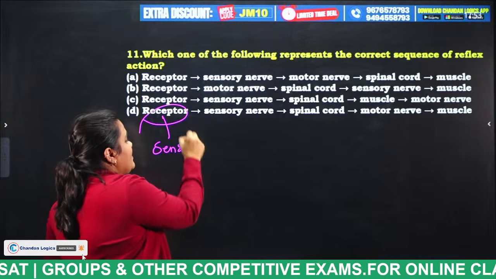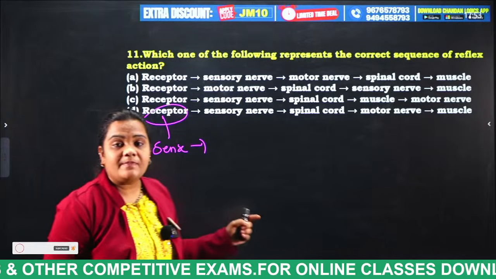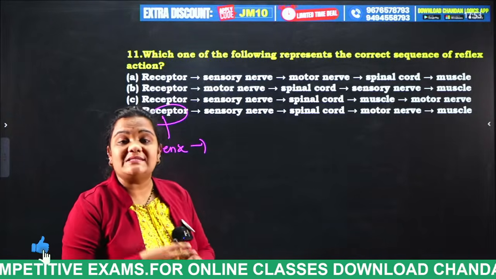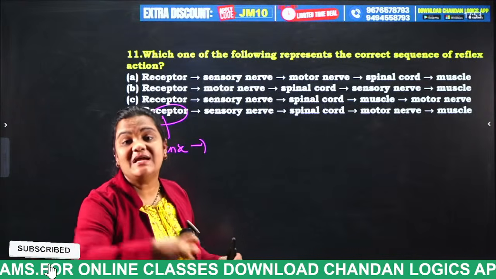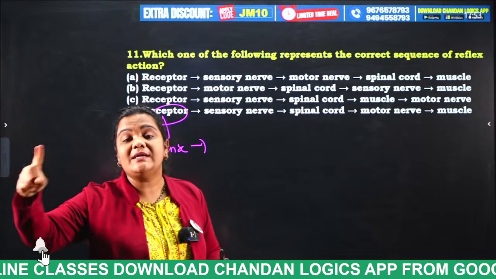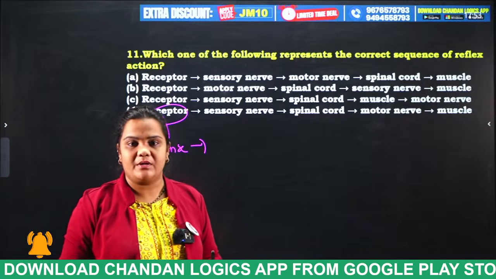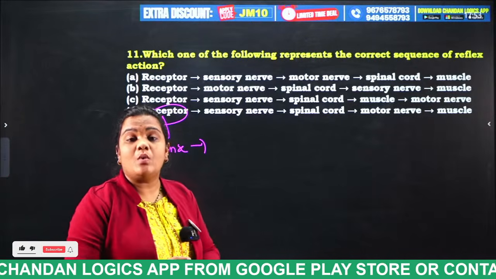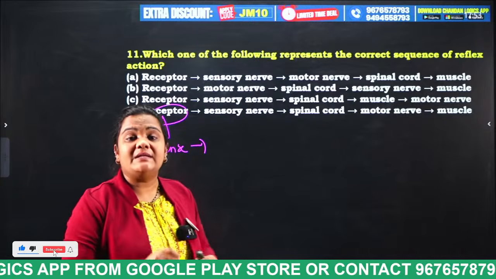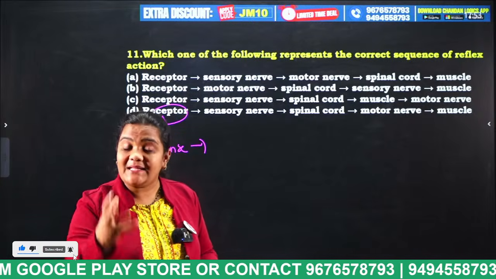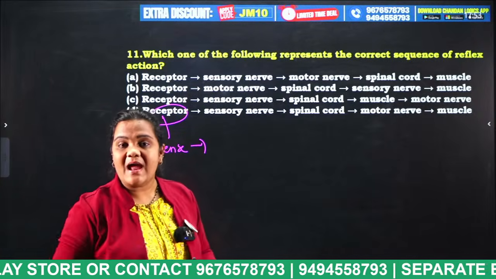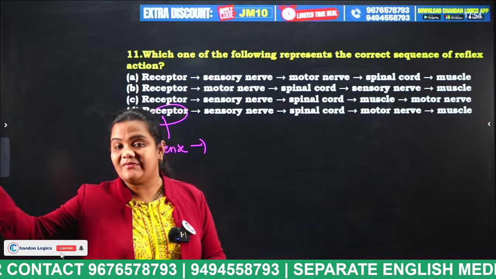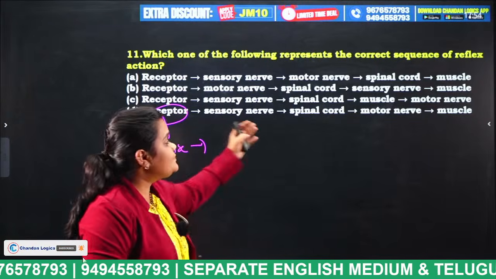The sensory nerve carries the signals from the receptor to the central nervous system. Very, very important. What is the function of this sensory nerve? It carries the signal from the receptor and sends it to the central nervous system. And finally, the spinal cord.